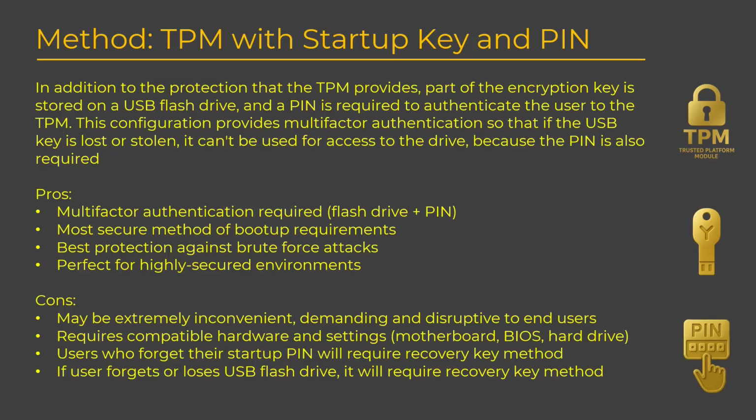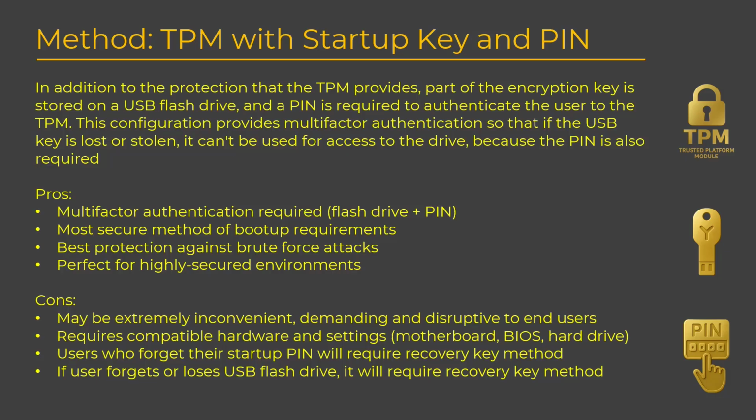So the last method is actually a combination of the two former ones we just talked about. It's TPM with the startup key and a PIN. So in addition to the protection that TPM provides, part of the encryption key is stored on the USB flash drive, the startup key that we talked about, and also a PIN is required to authenticate the user to the TPM.